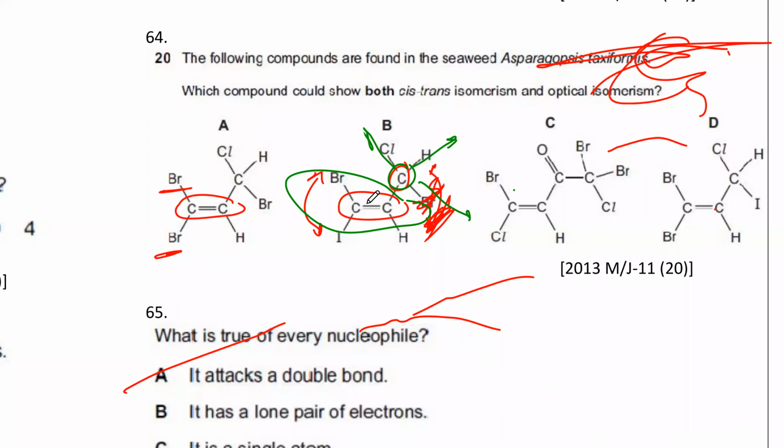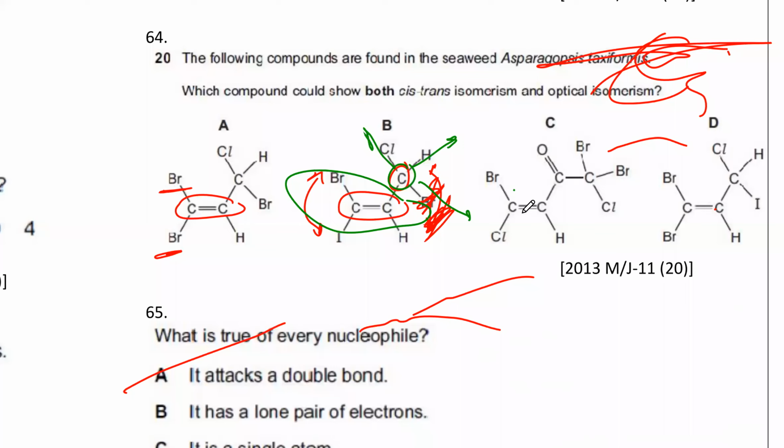Yes, sir. And for optical isomers, all four sides must be different. This carbon atom has all four sides different. There's a Cl, there's an H, there's a Br, and at the bottom side, there's this entire thing. Is that clear? This one will not show cis-trans.